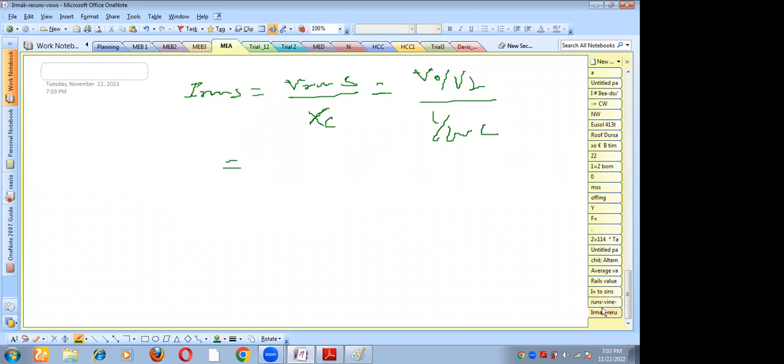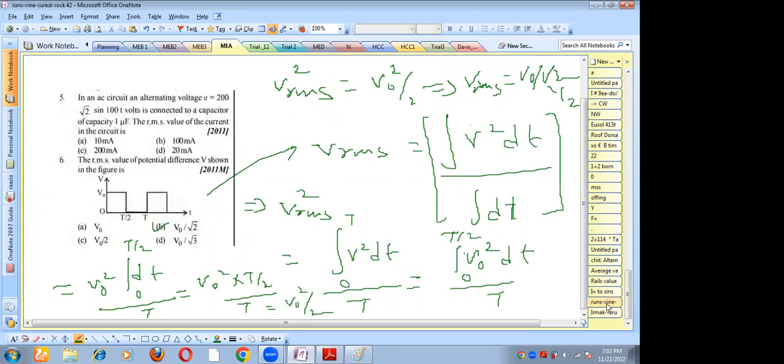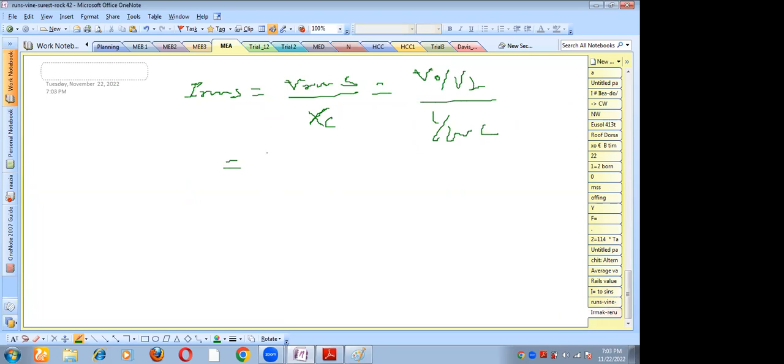So in the question, what is V naught? Basically 200 root 2.